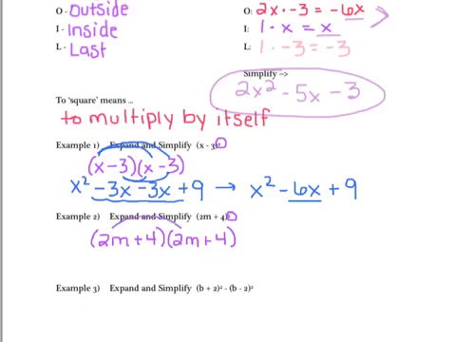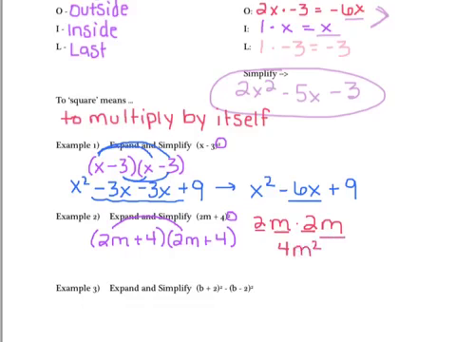So 2m times 2m. To do that, I'm going to write this off to the side here. 2m times 2m means that you're going to multiply 2 and 2, which is 4, and m times m, which is m squared.